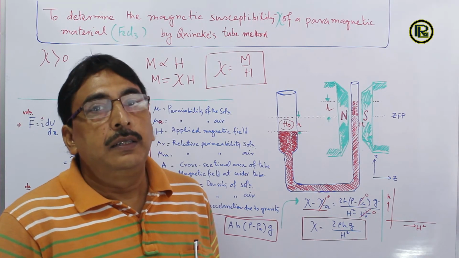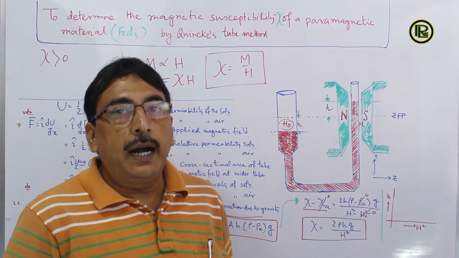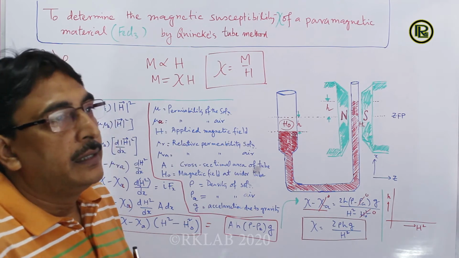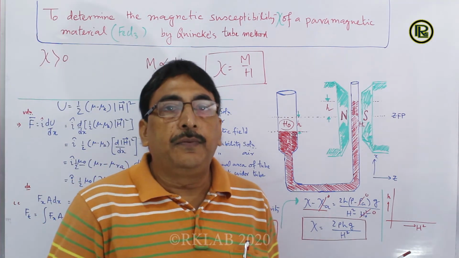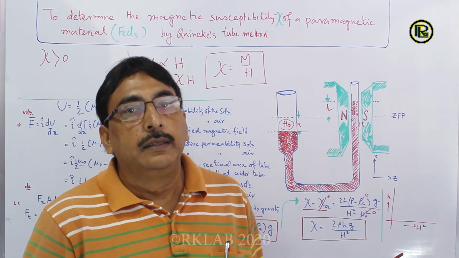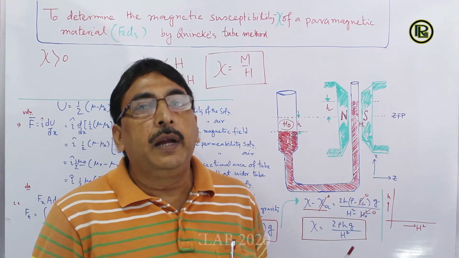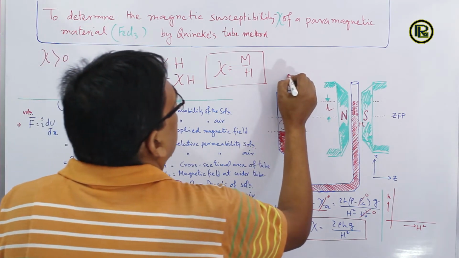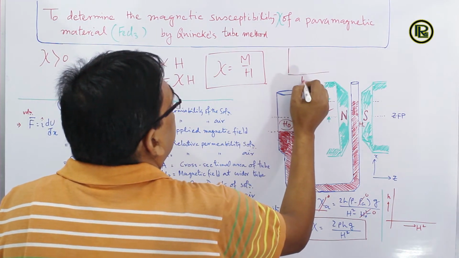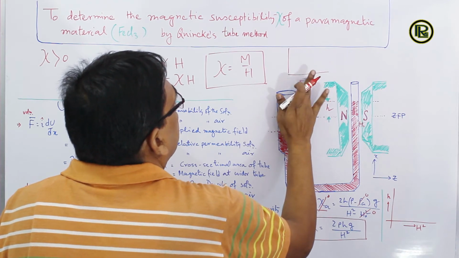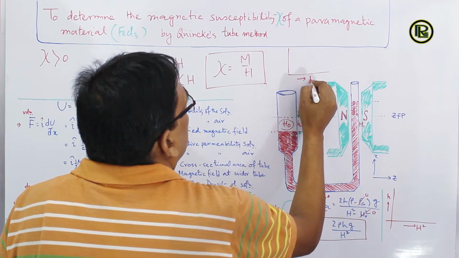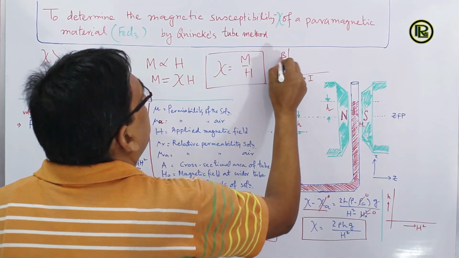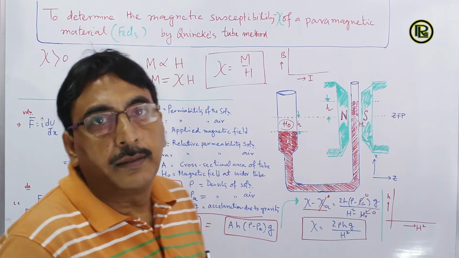In the first part, we have to get an idea how this electromagnet gives rise to magnetic field with the coil current. So first of all, I have to get a plot of magnetic coil current I along x-axis and the corresponding magnetic field along the y-axis.